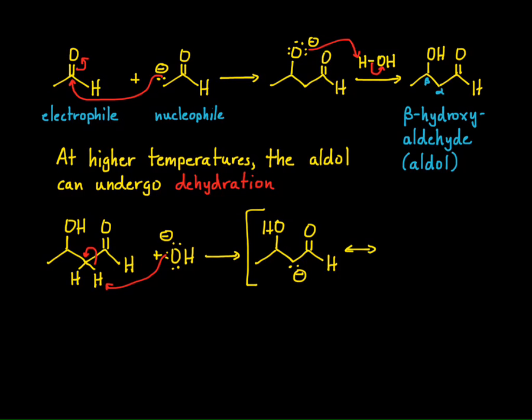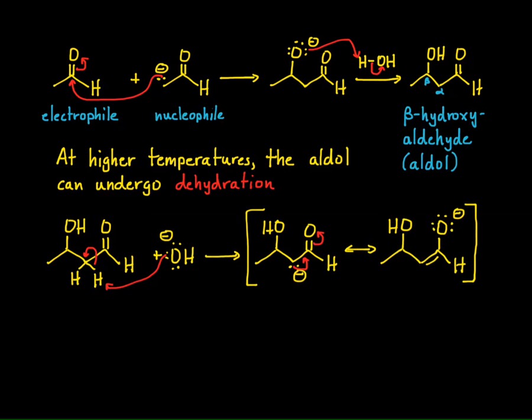So I can draw a resonance structure where I promote those electrons to the carbonyl, and I generate an oxo anion of the enolate. Now, this is a very particular condition. Whenever you have a stabilized anion, and adjacent to that you have a hydroxyl group.